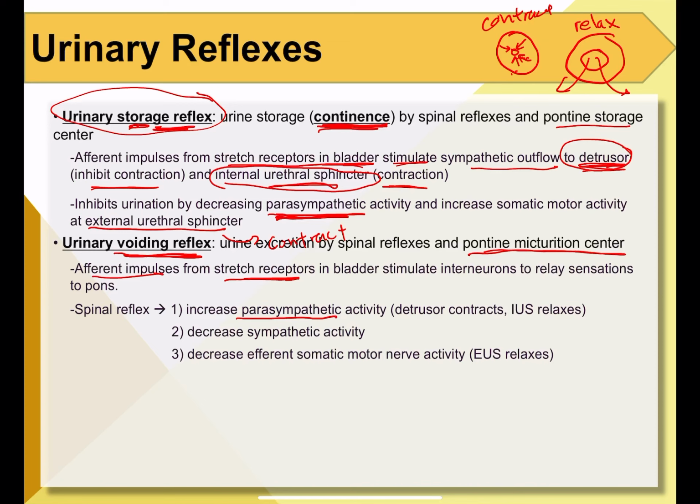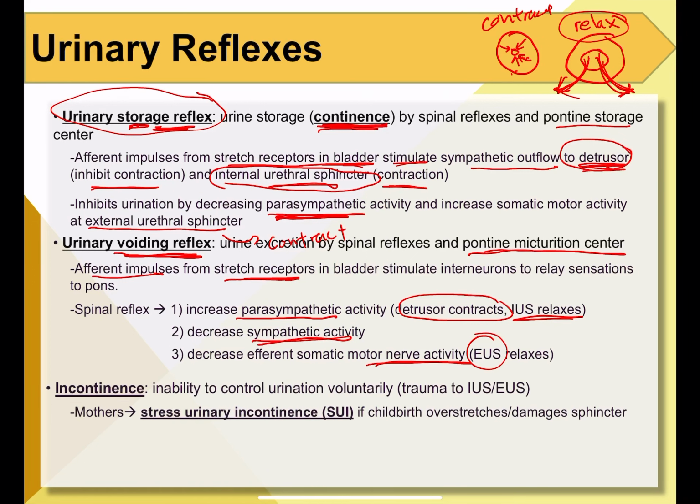Your detrusor muscles in your bladder contract. Your internal urethral sphincter relaxes, allowing fluid to come out, and sympathetic activity decreases, along with efferent motor nerve activity at your external urethral sphincter. So both your internal and external sphincters relax, allowing urine to come out, which allows you to pee.